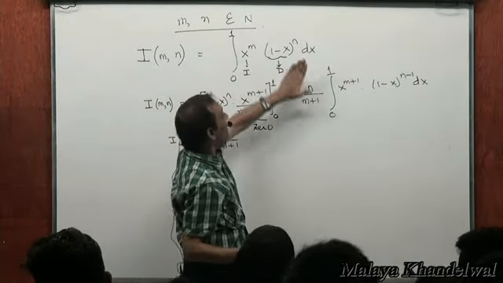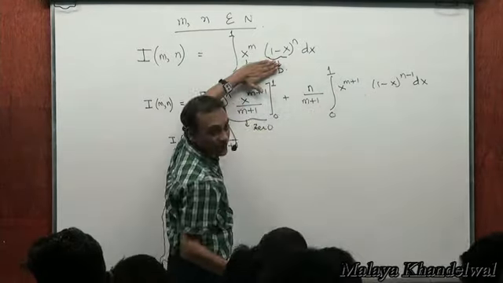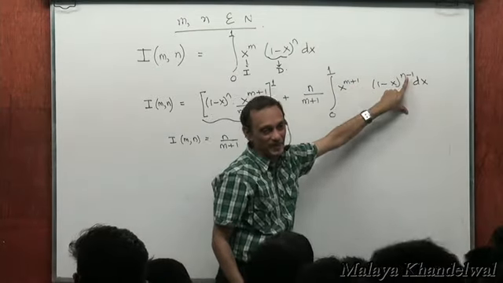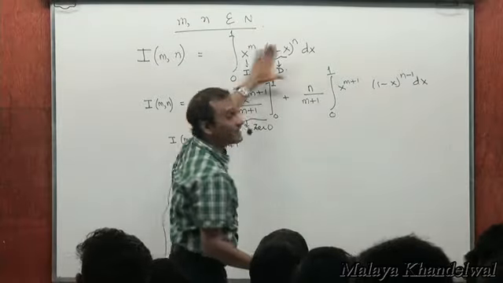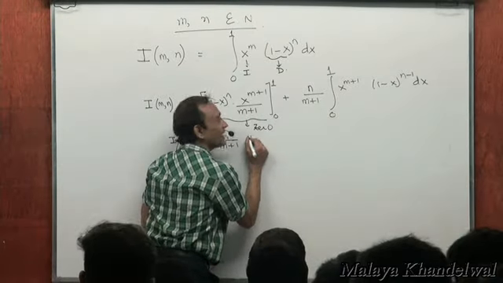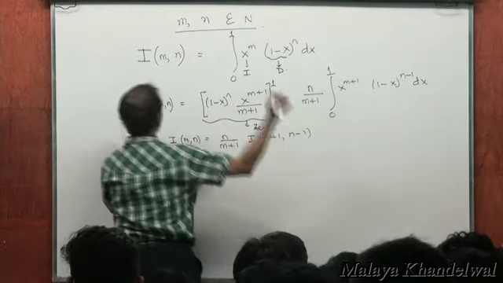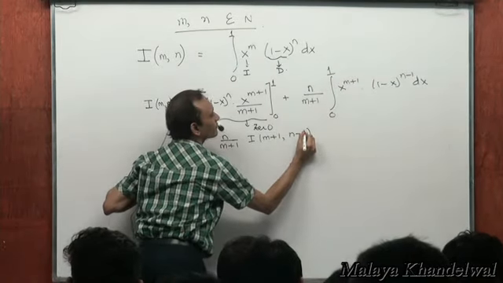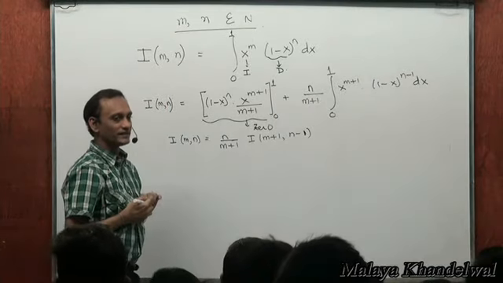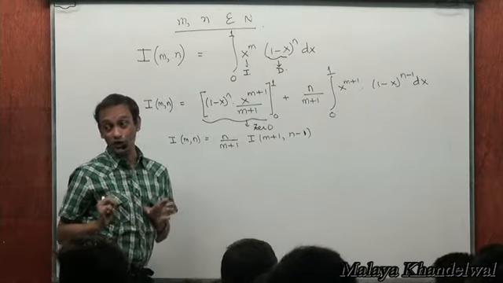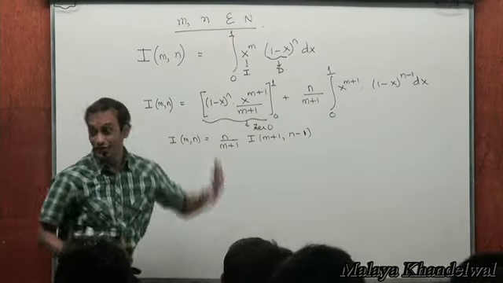Now, if this is I m n, this form is the same as this form, except that instead of m you have m plus 1, and instead of n you have n minus 1. So if this is I m n, what should I call this? I m plus 1, n minus 1. Very good. This will be my reduction formula for an integral of this kind.